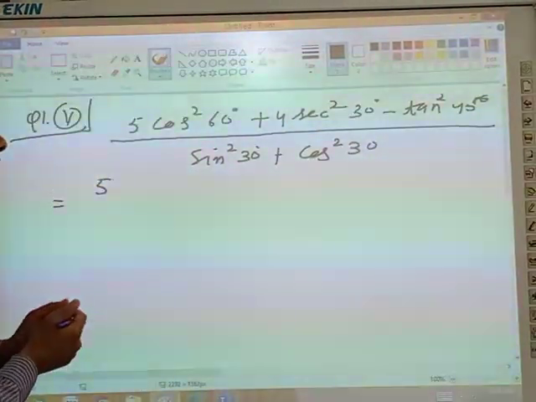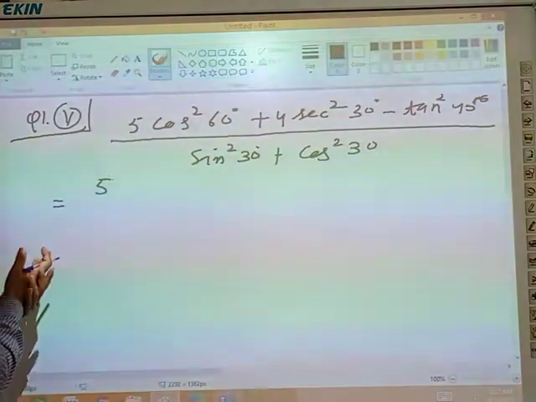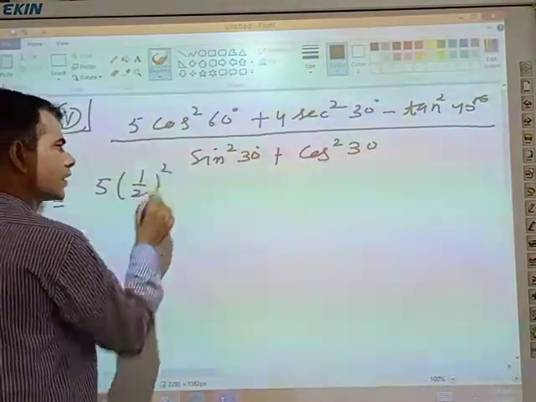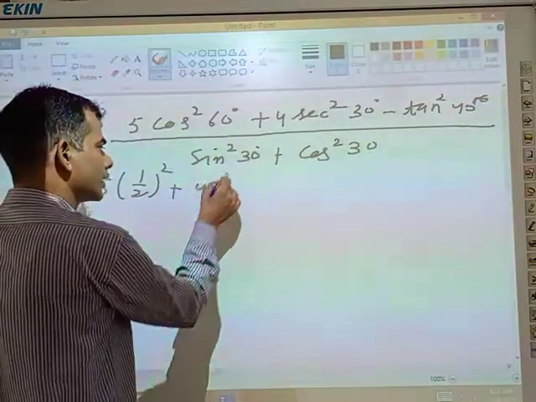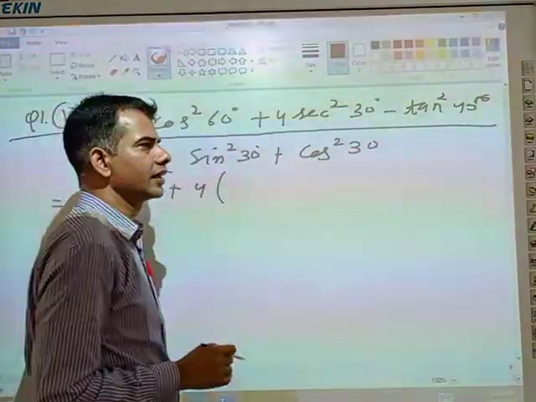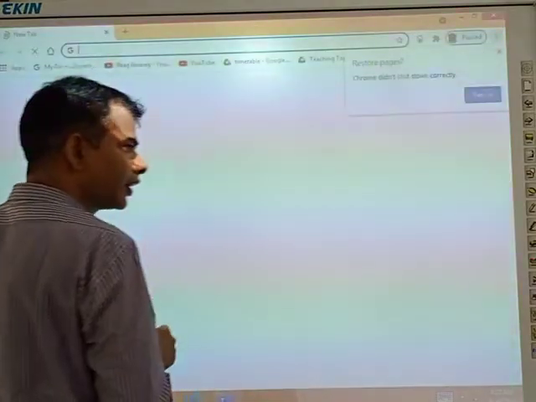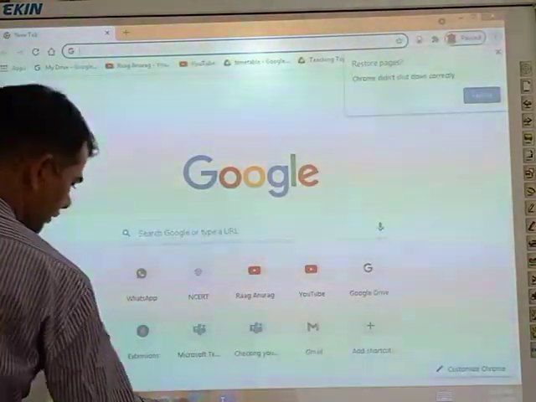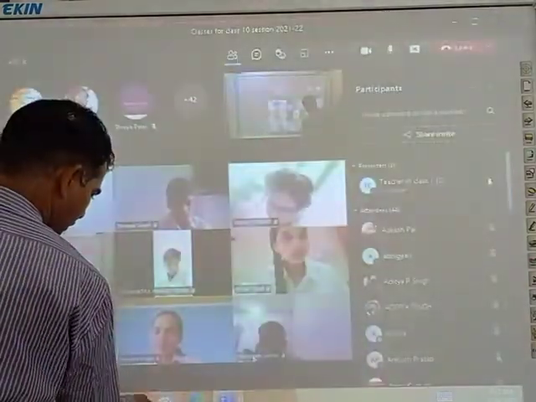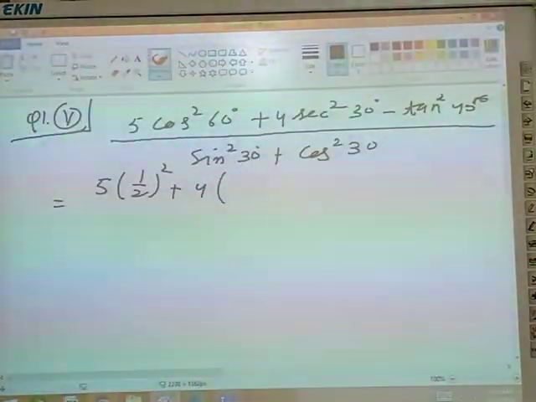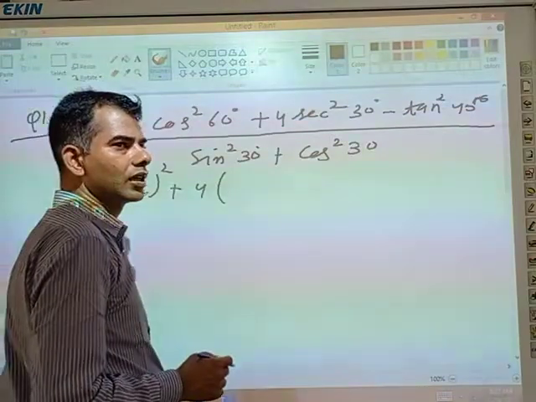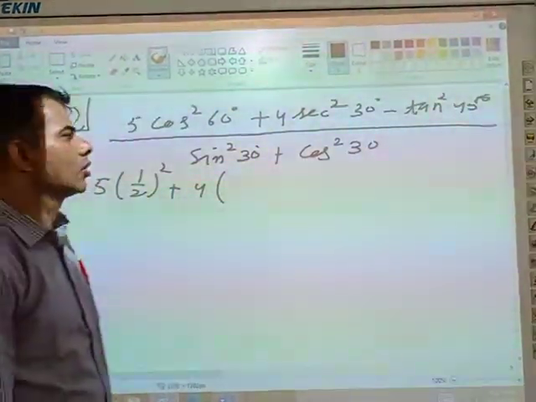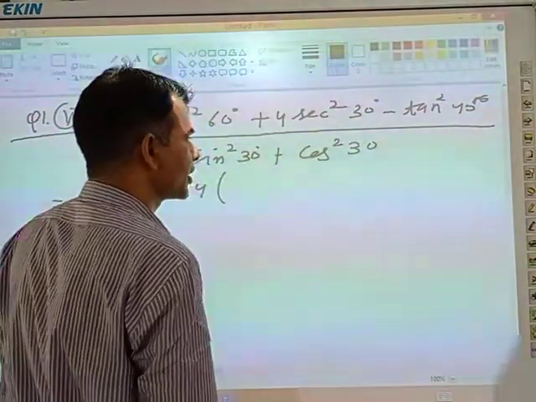Cos square 60: cos 60 is 1 by 2, so 1 by 2 square. Plus 4 sec square 30: sec 30 is 2 by root 3.